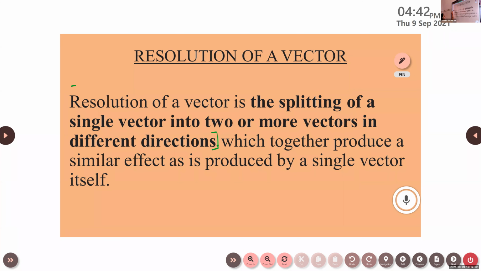Up to here is the definition for resolution of a vector. And this point you can write as a characteristic of the resultant vector formed as a result of the resolution of vectors.